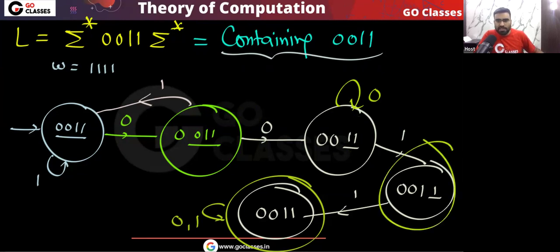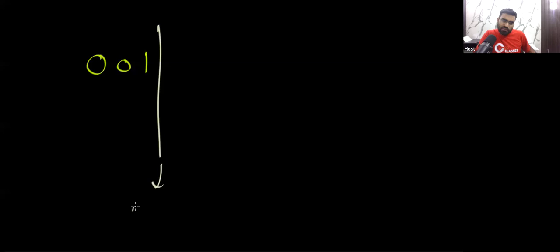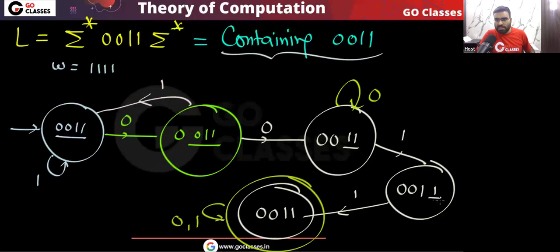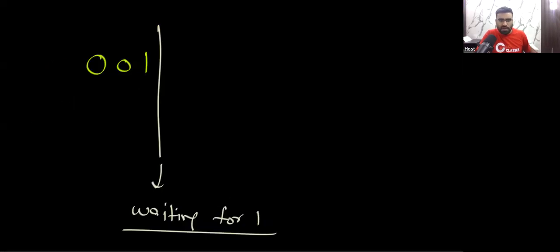In this state, I have seen 001 and I am waiting for 1. Now, if 0 comes, remember, I wanted 0011.